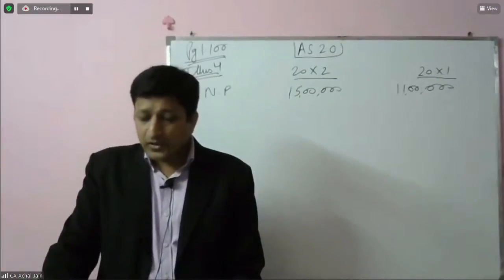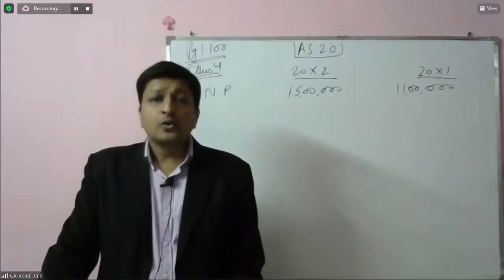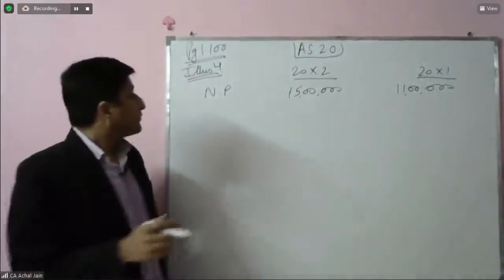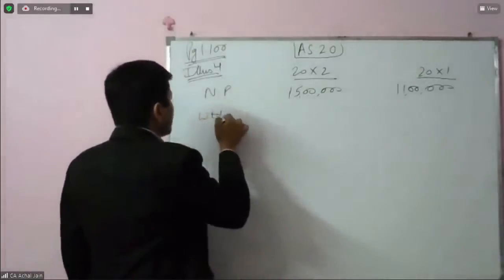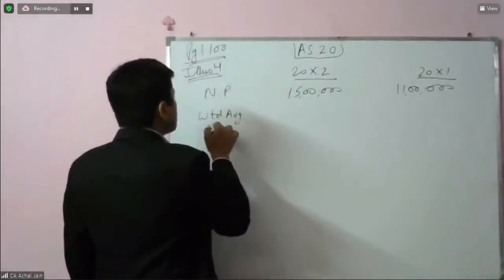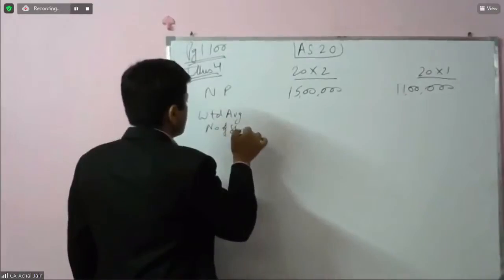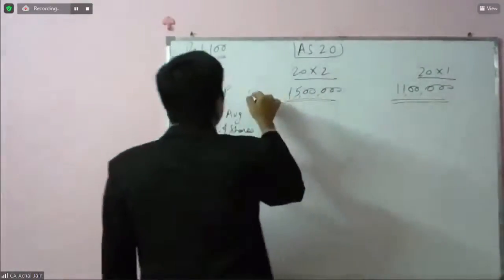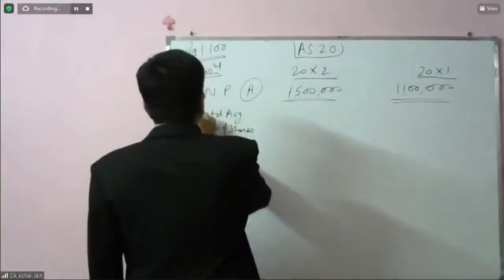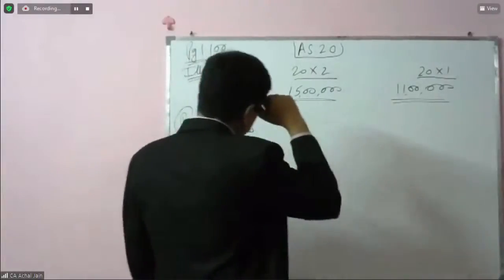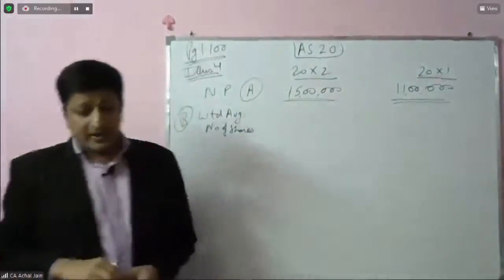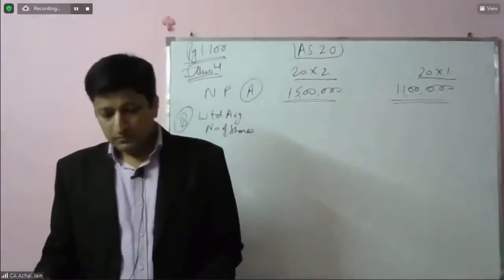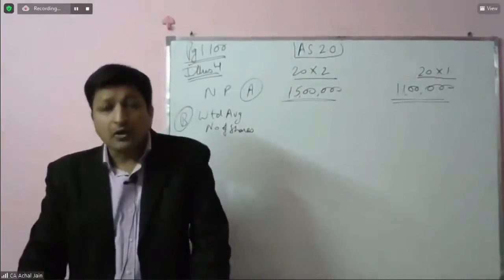Now EPS for the year 2000 X2, how do we compute this? We need weighted average number of shares. First, I will call it A and this becomes B. Now what is going to be the weighted average number of shares? So we have two cutoffs.